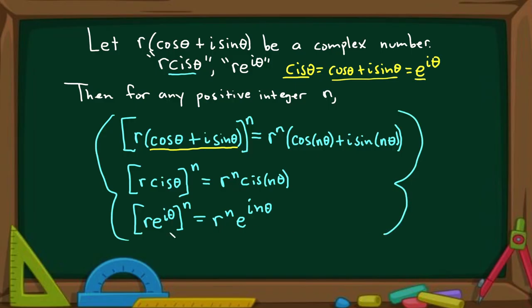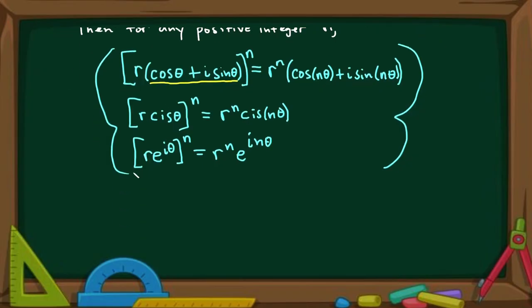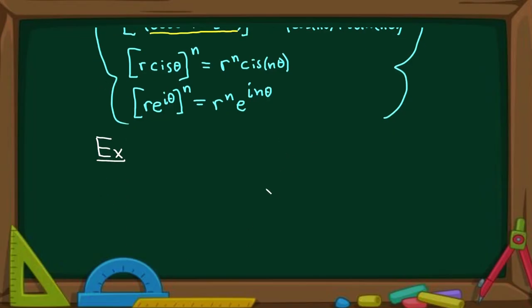So let's go ahead and do a simple example of using DeMoivre's theorem to raise a complex number to a power. Typically in a classroom setting, they always say don't use a calculator, do it by hand, show all your work. But it's pretty simple. Let's start with this one.